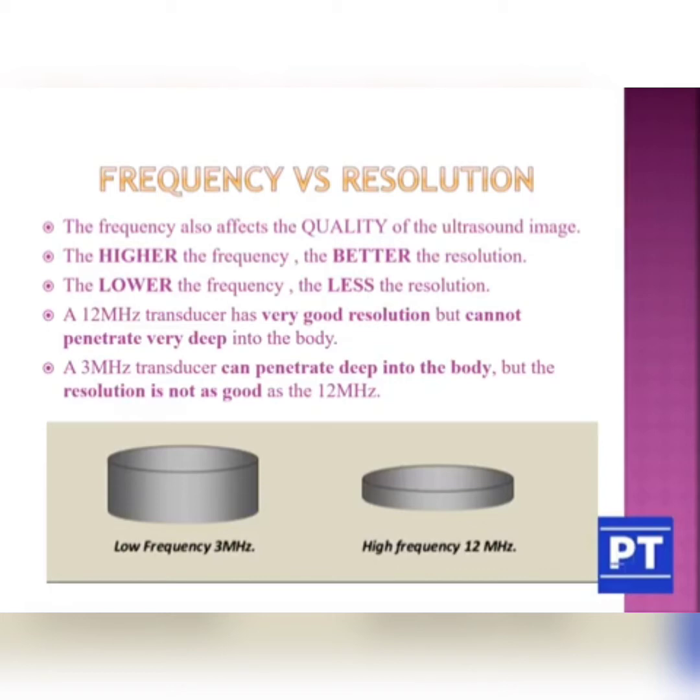Likewise, when we are using a 3 megahertz transducer, it can penetrate deep into the body, but the resolution is not as good as that of 12 megahertz. So these are the two images shown, of a high frequency as well as a low frequency. This is how frequency is related to the quality of an ultrasound image.